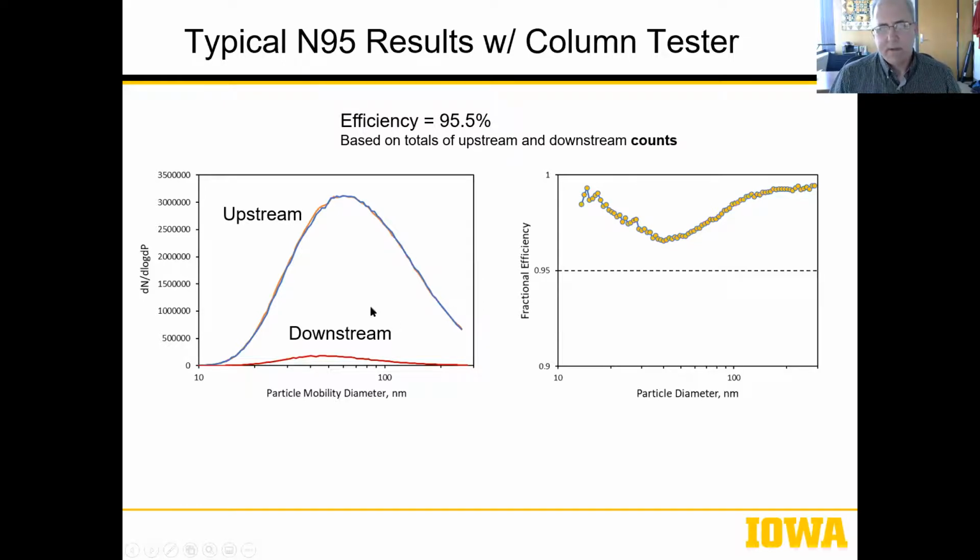So you can see, perhaps not, but way down the bottom left here, there's very little counts at all. So the difference between the upstream and the downstream isn't that much. We're getting to the limit now of statistical ability to actually come up with a good estimate of efficiency. So that's why it starts getting kind of noisy, especially at the low end. There just aren't enough counts to come up with a good estimate of efficiency, but we get the basic idea here.